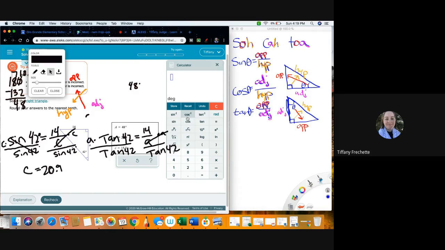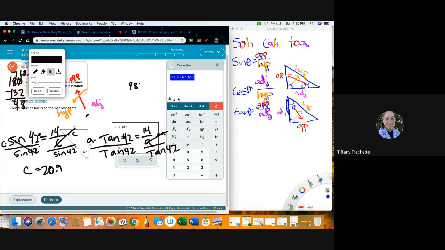Did I accidentally mess up the calculator here? 14 divided by 20.9.